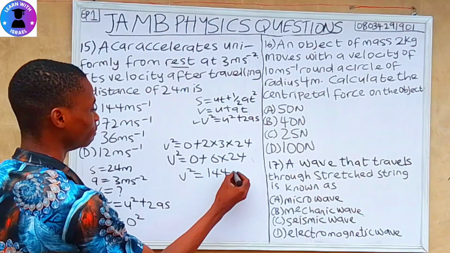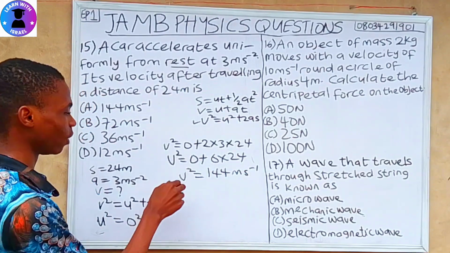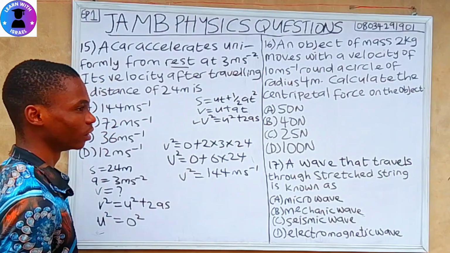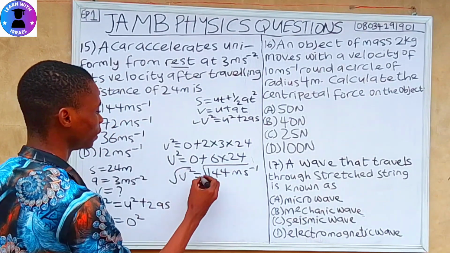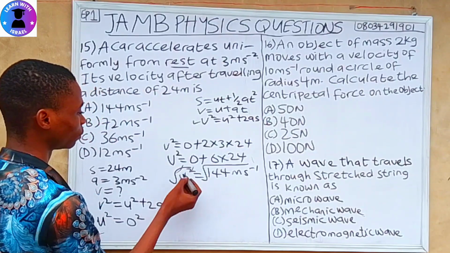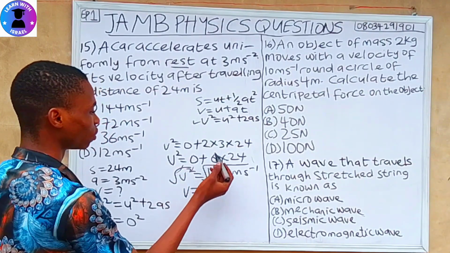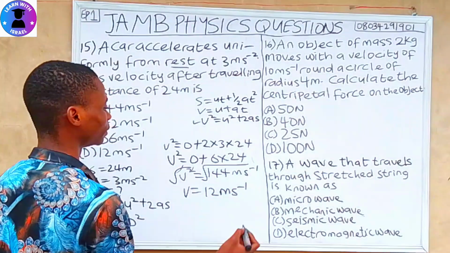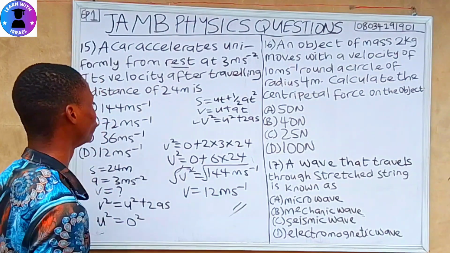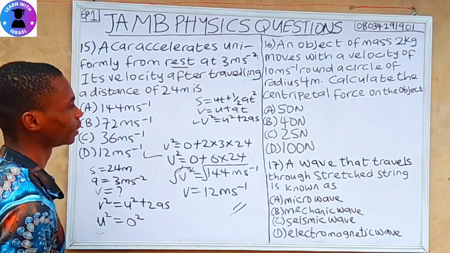The unit is meters per second, but we can't leave velocity squared. So what do we do next? We square root it. The square root cancels the square, so we are left with our velocity. The square root of 144 is 12. 12 meters per second is the correct answer, and if you check our options, it's option D.